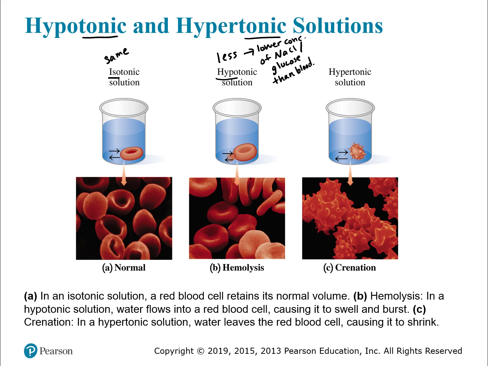When that happens, you're going to have water flowing into your red blood cells to try to balance it out and decrease the concentration in those red blood cells. What's going to happen is they're going to swell, and that's called hemolysis. It's going to swell and eventually burst, and that's really bad.